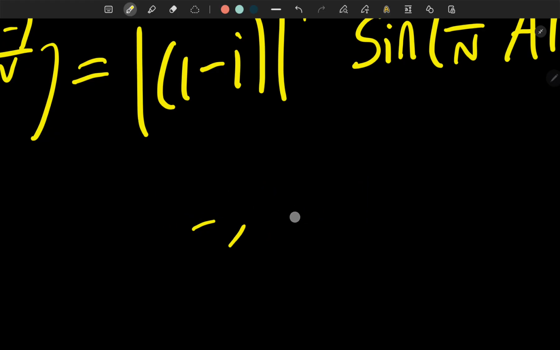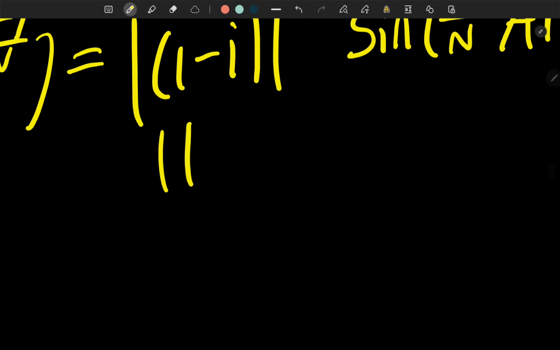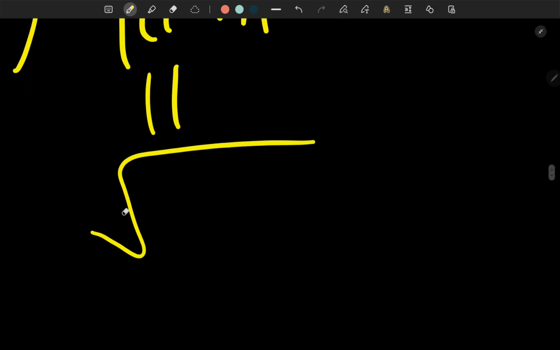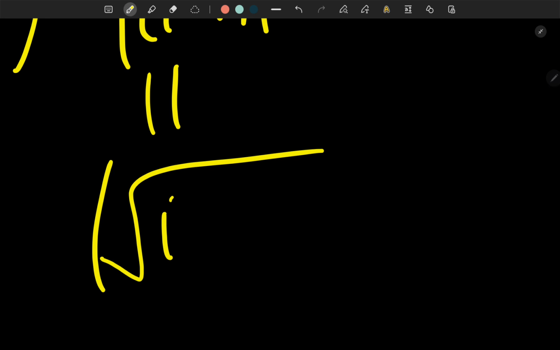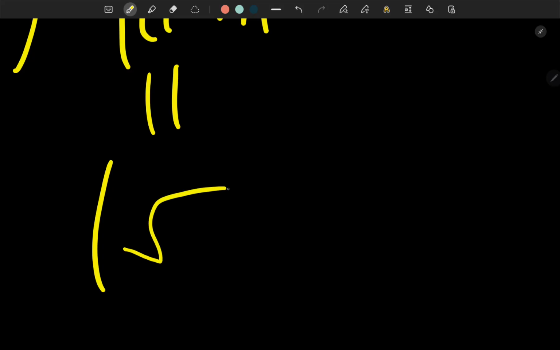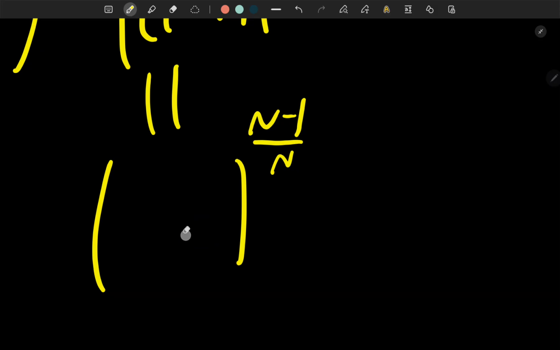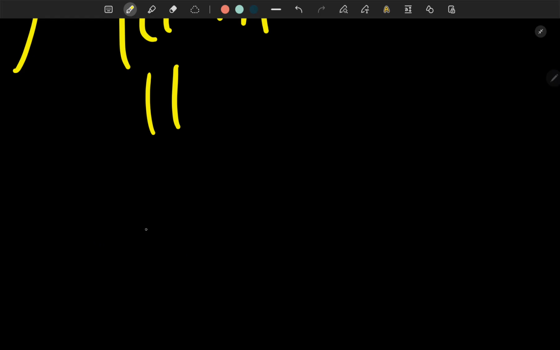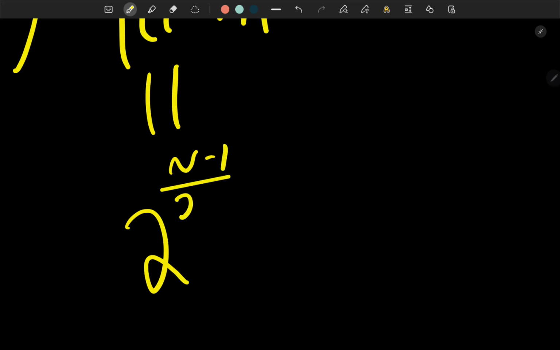So that means the modulus would have to be equal to the square root of 1 squared plus negative 1 squared, which is just equal to 2. Both of these are equal to 1, and 1 plus 1 equals 2. I know, it's crazy, isn't it? Square root 2 to the n minus 1 over n. But the square root of 2 equals 2 to the 1 half. Combine the powers, so this would just be equal to 2 to the n minus 1 over 2n.